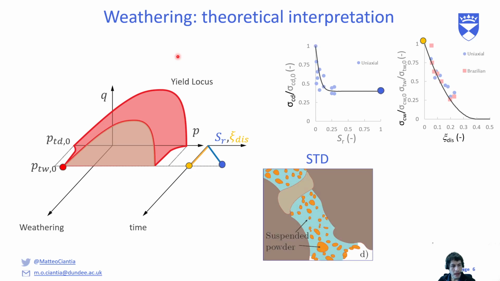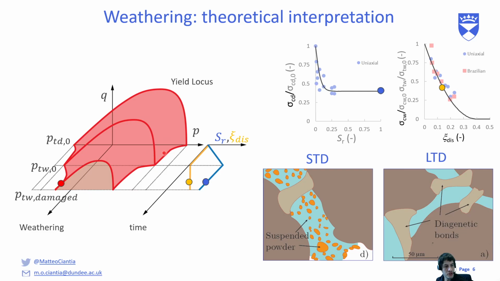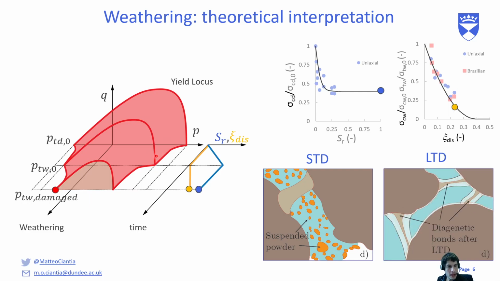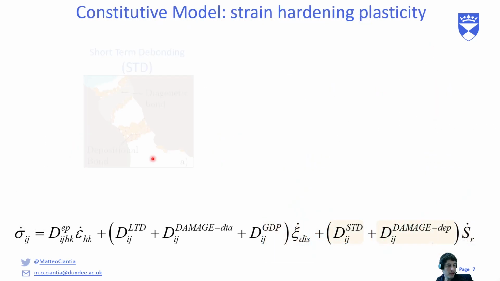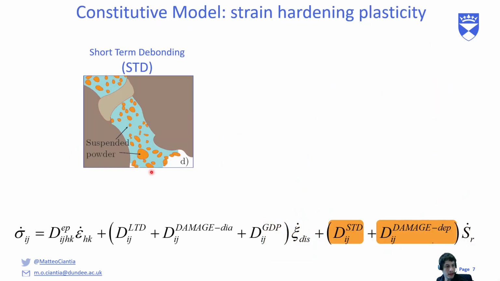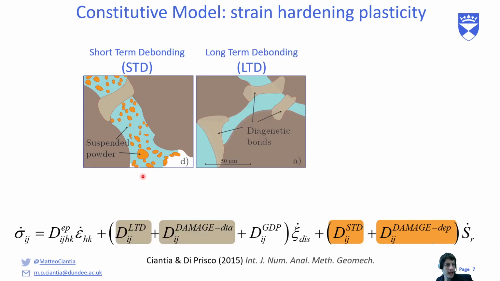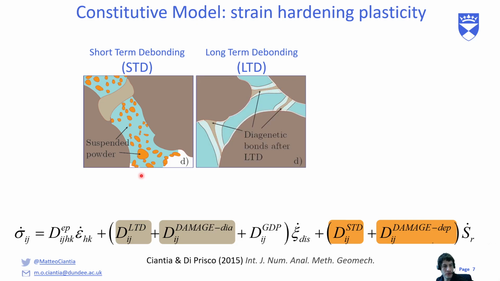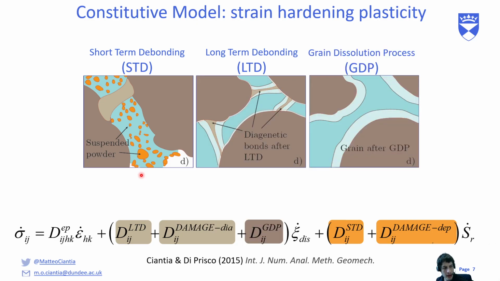In the long term, as the water saturation stayed equal to 1, we have the long-term debonding evolving and further shrinkage of the yield locus. This theoretical interpretation was then developed into a strain hardening plasticity model where we see the STD, the LTD, and the grain dissolution processes directly embedded into the constitutive relationship.